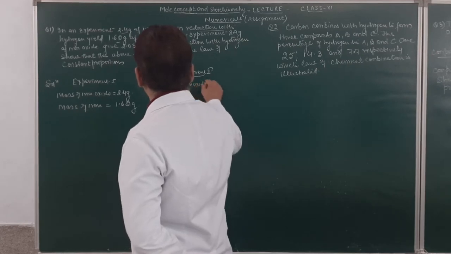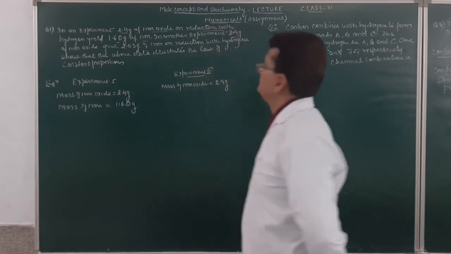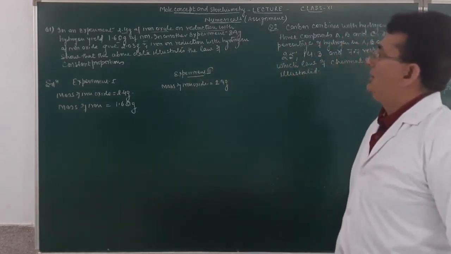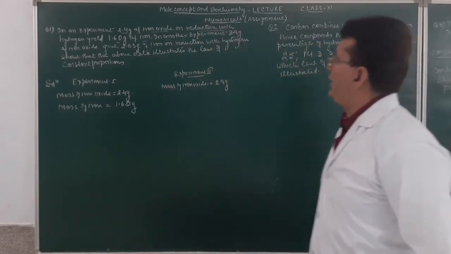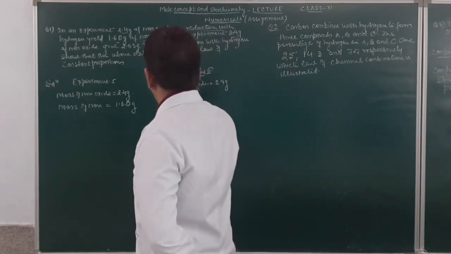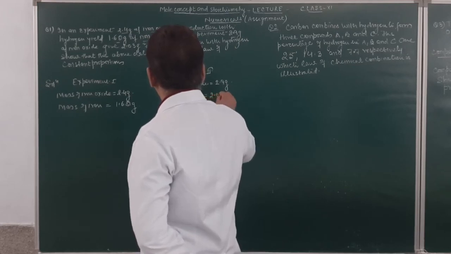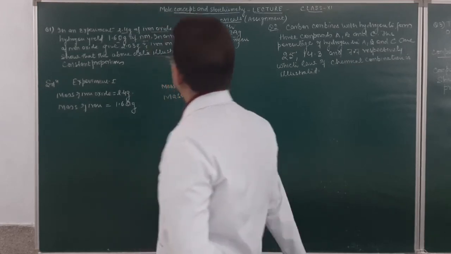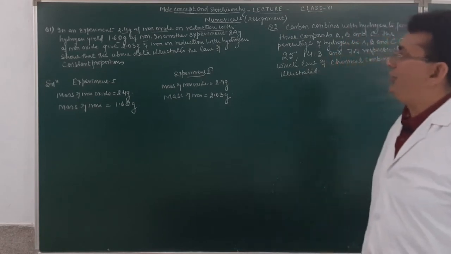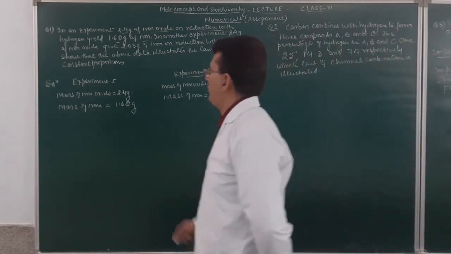Mass of iron oxide is 2.9 gram. It gave 2.03 gram of iron. What is the mass of iron obtained over here? Mass of iron will be equal to 2.03 gram on reduction with hydrogen.